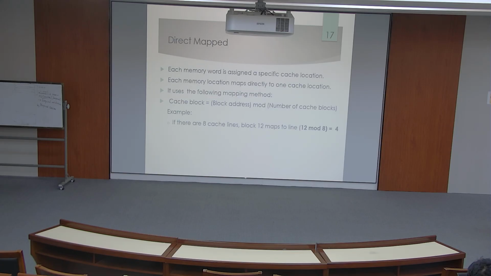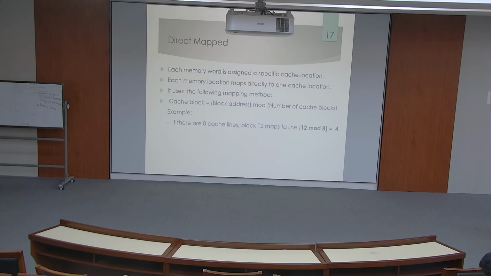For direct map, a word from the main memory needs to be assigned to a specific cache line. So each memory location needs to be mapped to one cache line. It uses the following mapping method.